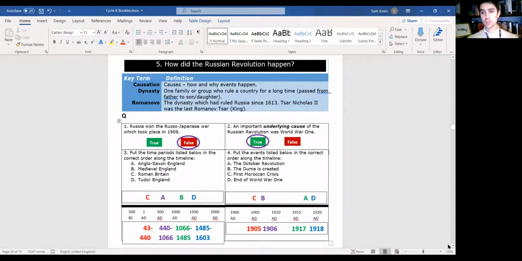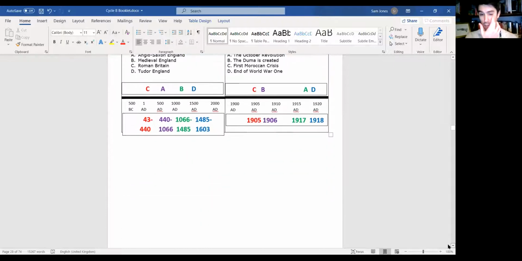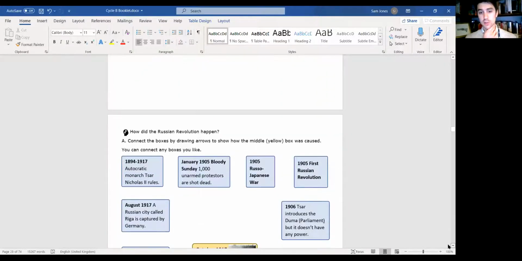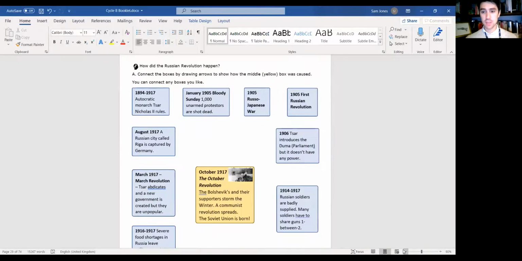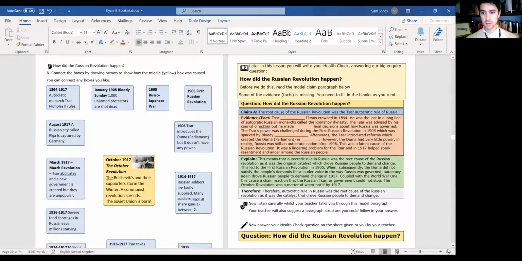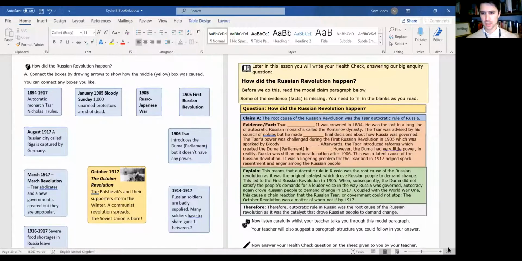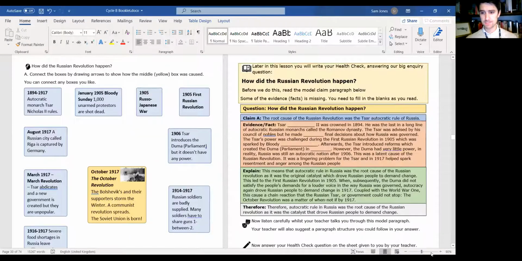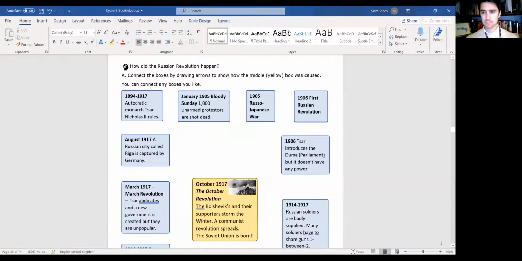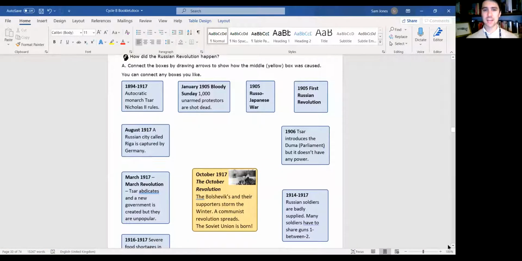Okay, once you have done that, you're going to move straight on to the next task, which looks like this. We've done this sort of thing before. What you are doing is connecting up the blue boxes to explain how the yellow box happens.